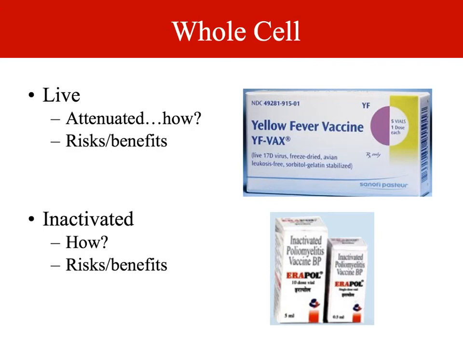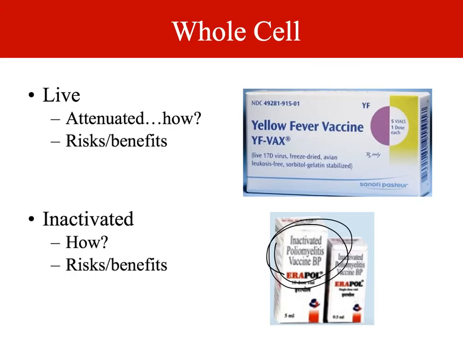So a person who's injected with, say, the IPV, pictured right here, this person cannot shed live poliovirus because they haven't been infected with any. This person is not going to then transmit it to somebody else. The person is not going to get infected themselves if they have some kind of immune suppression.